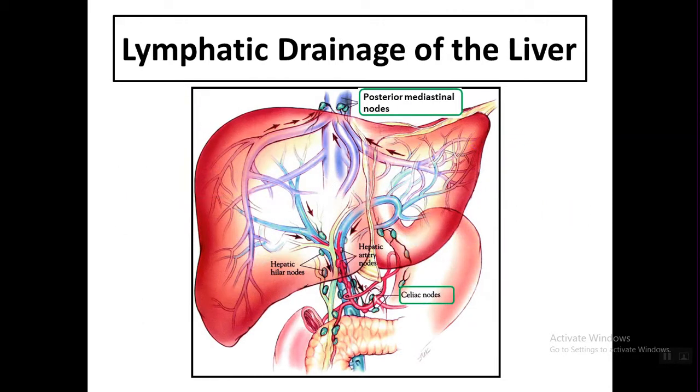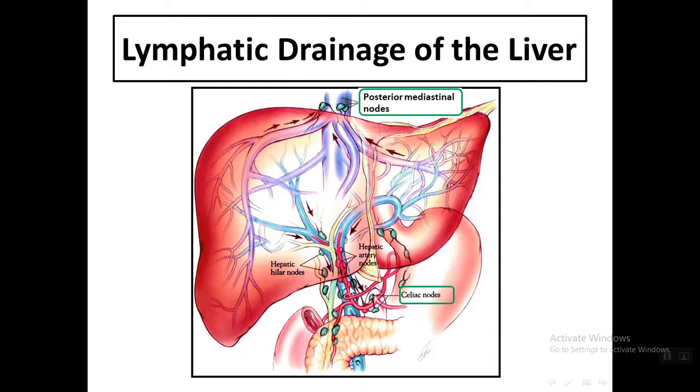What is the lymphatic drainage of the liver? Because the liver produces a large amount of lymph, it will drain into a certain group of lymph nodes called hilar lymph nodes, that then will drain lymph into the celiac nodes, because the liver is derived from the foregut.